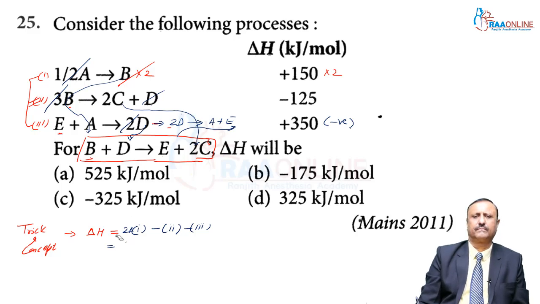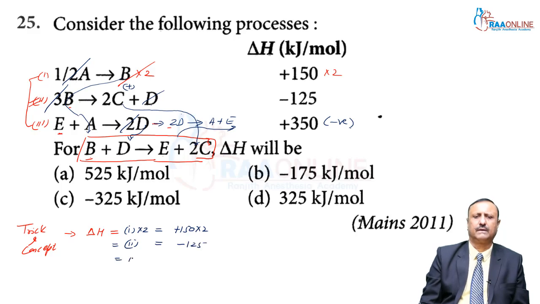Now, here we can see what the values are. Number 1 equation, we can take as it is, but multiply this equation by 2. This is a positive value, means you get plus 150 multiplied by 2. Then, my dear students, equation 2 you can take as it is, no multiplication, that is 125.